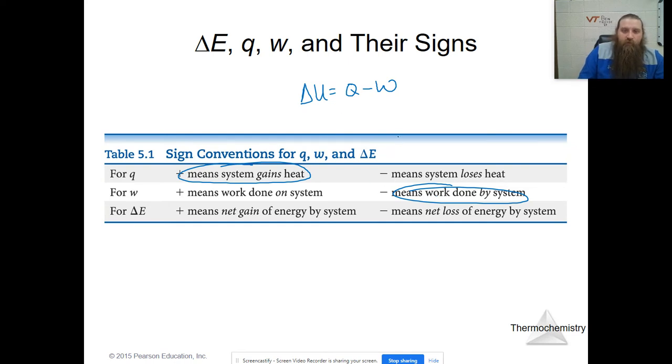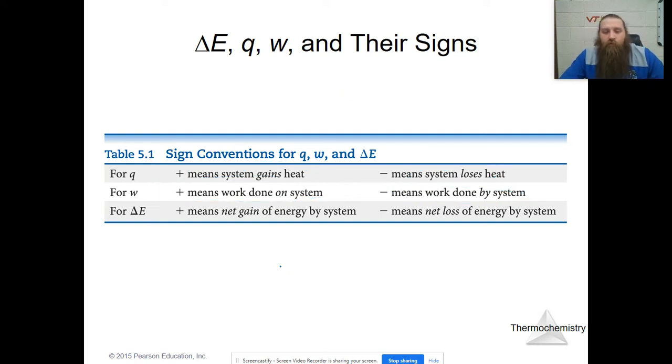That's the sign convention. If someone was to give you this, all right, well, that's different, right? Now you're saying the change in internal energy is equal to the work done on the system minus the loss of heat, okay? So we want to make sure that we get our sign conventions right.